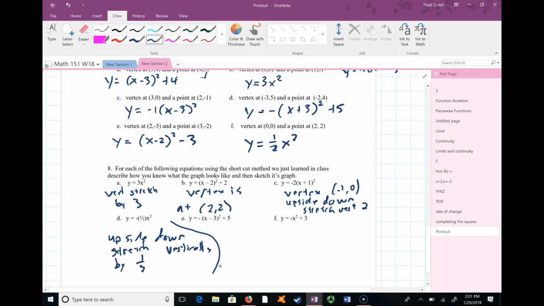And this one is upside down again because of that negative. And the vertex is at the point 3, 5. Yay. And last but not least, upside down, and the vertex is located at 0, 3.